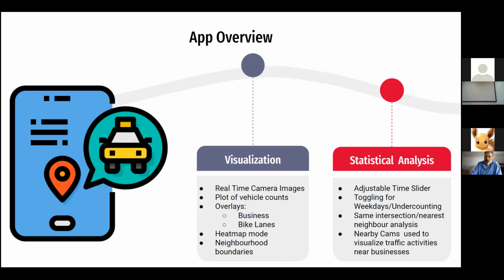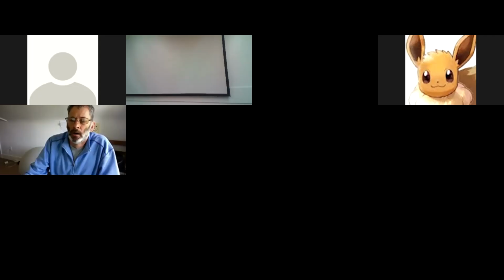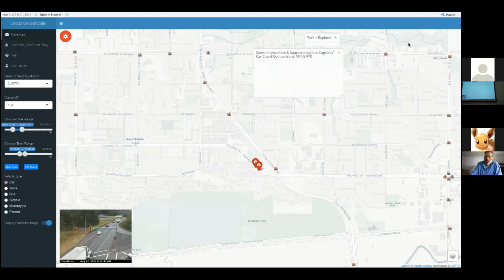Have the UI problem, but yeah, it's working.